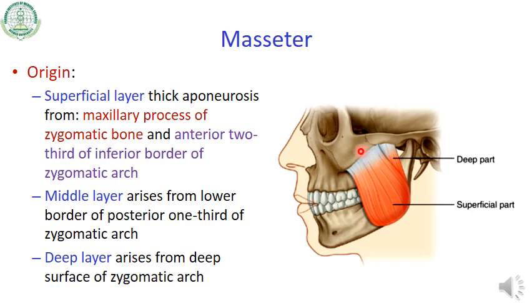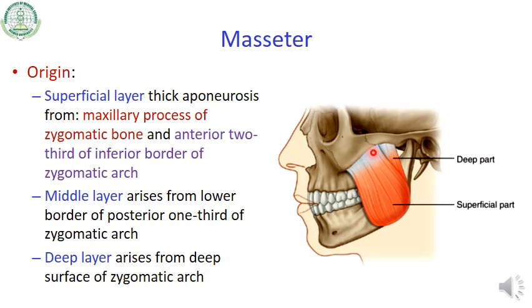It has maxillary process, frontal process, this is orbital process. So you can see this is the maxillary process of zygomatic bone, and from there it is arising. And also the anterior 2/3, you can see here, this is the anterior 2/3 of inferior border of the zygomatic arch.